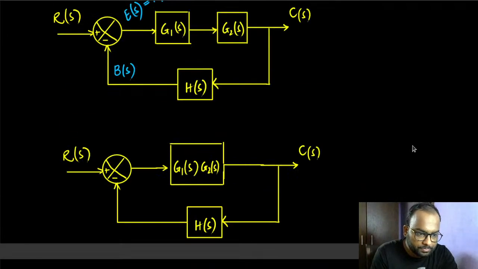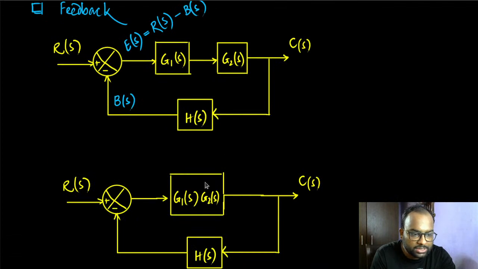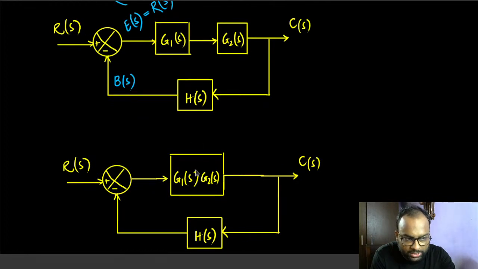All right, so let's go back to this. We can construct this equivalent model, with G1s and G2s multiplied here.